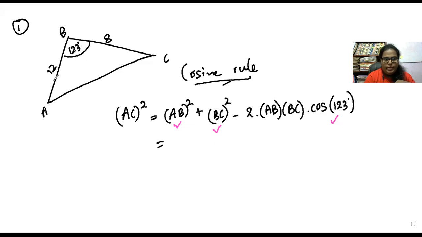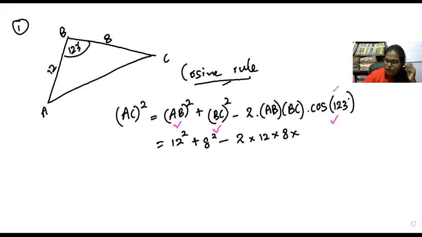You know that the AB length is 12, so we take 12 squared, and the BC length is 8, so we take 8 squared here, then 2 times AB, which is 12, times BC, which is 8, and cos 123. The value of cos 123 is minus 0.45.